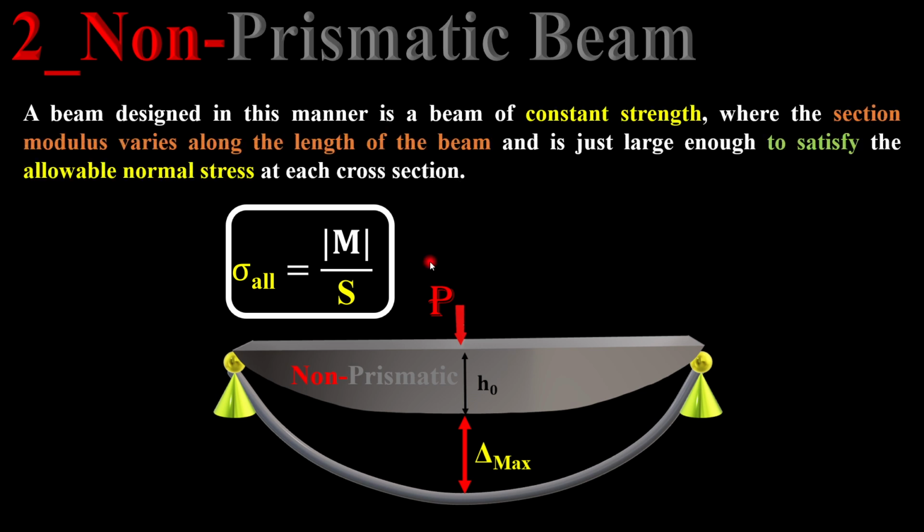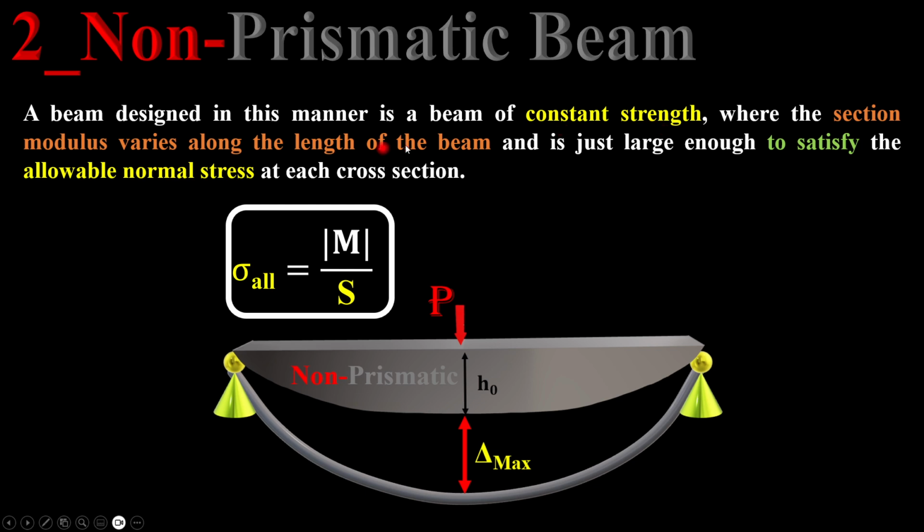A beam designed in a non-prismatic situation is called a constant strength beam, where the section modulus varies along the length of the beam. You can easily see S is changing because I is changing for this beam, and definitely the moment is changing, but the allowable normal stress remains the same all over the span.